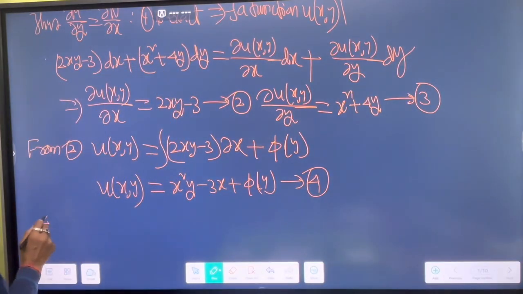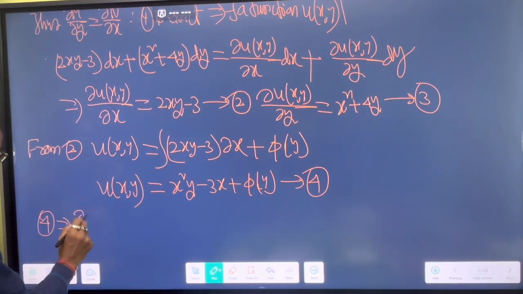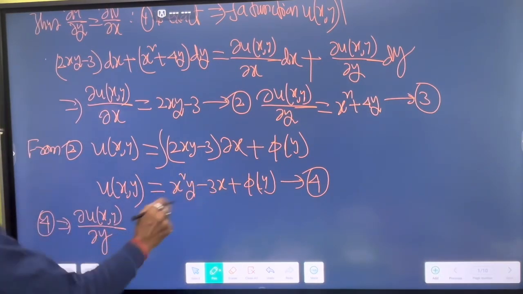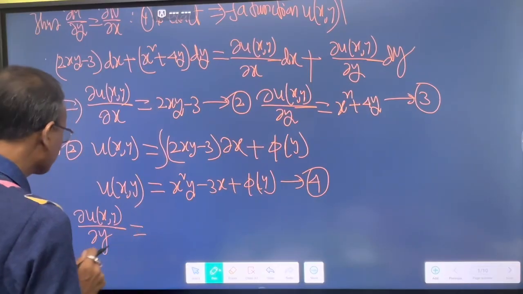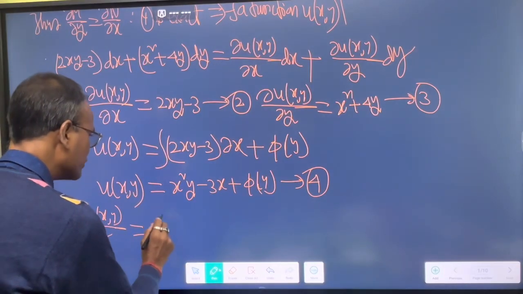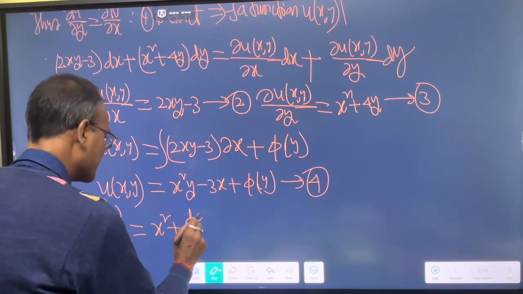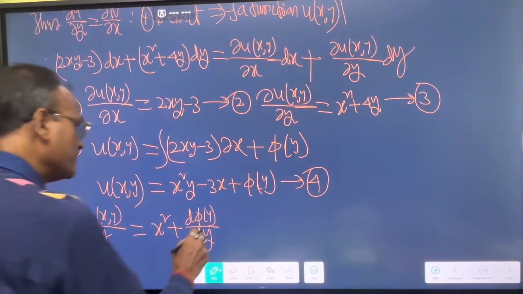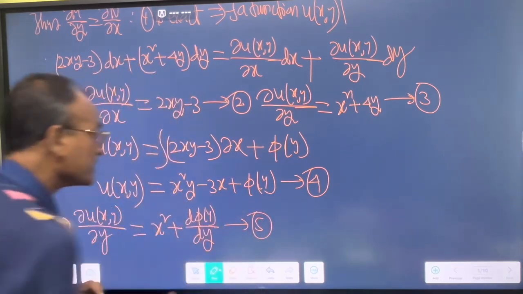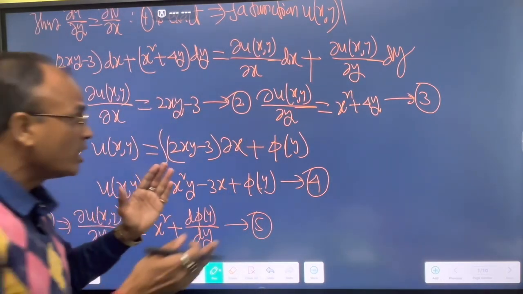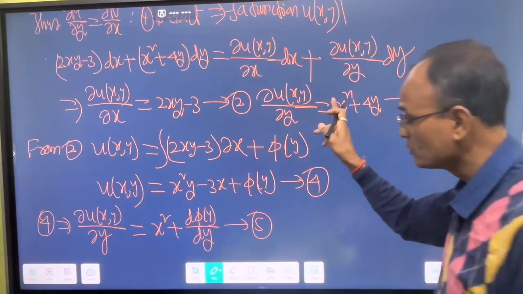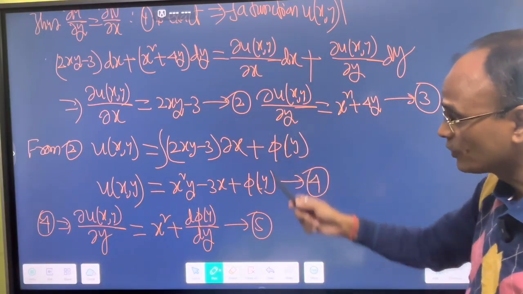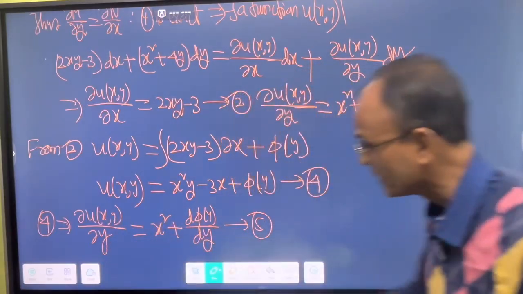Now, from 4 you will get, differentiate this partially with respect to y. It will be x square plus d phi by dy. This is number 5. Now, see number 3 and number 5. 3 is del u by del y and 5 is also del u by del y.